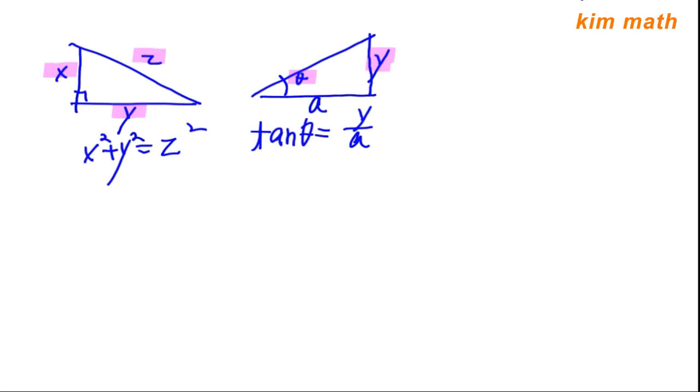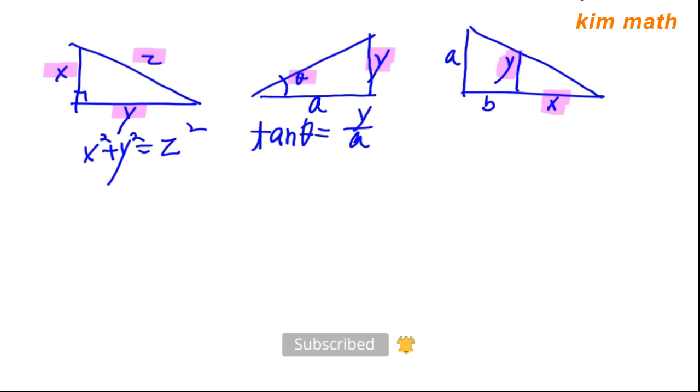Now, another situation we discussed today. Let this be A, this be B, this be y, this be x. In this situation, this is the variable and this is the variable. Again, to solve some related rates, we must find the equation containing x and y.